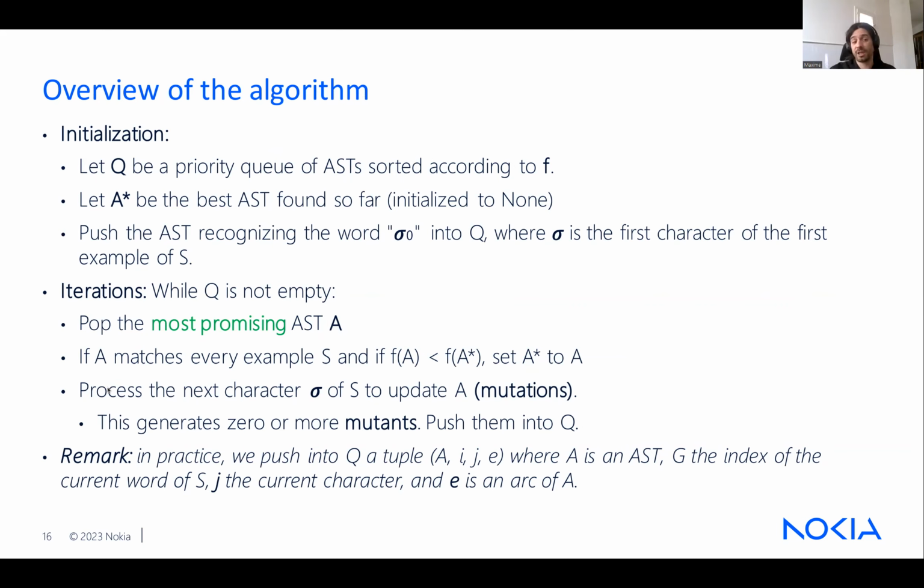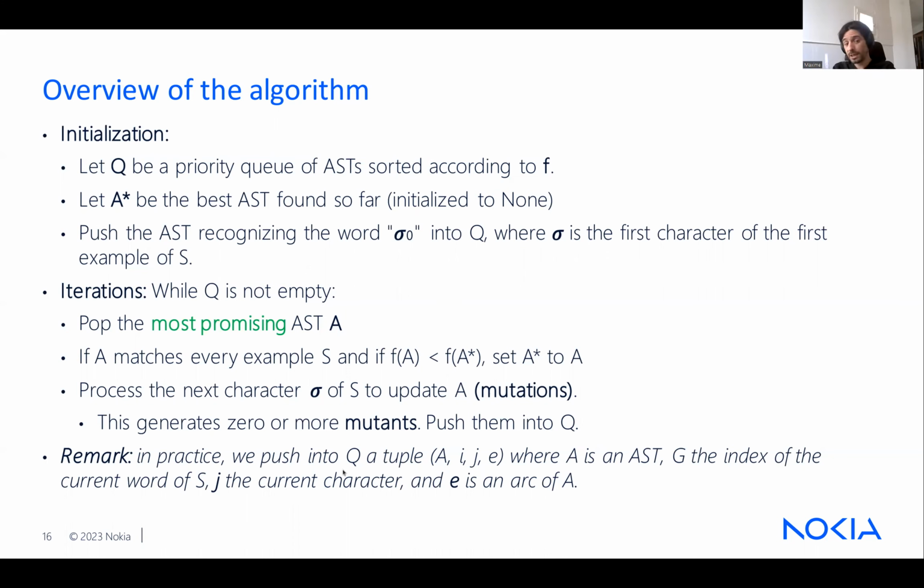If it's not a final solution, we process one more character of the examples and we mutate it. To mutate means to consume a character and to be locally modified. So that's our way of building solutions incrementally. We push these children, these mutants, into the priority queue, and we continue.